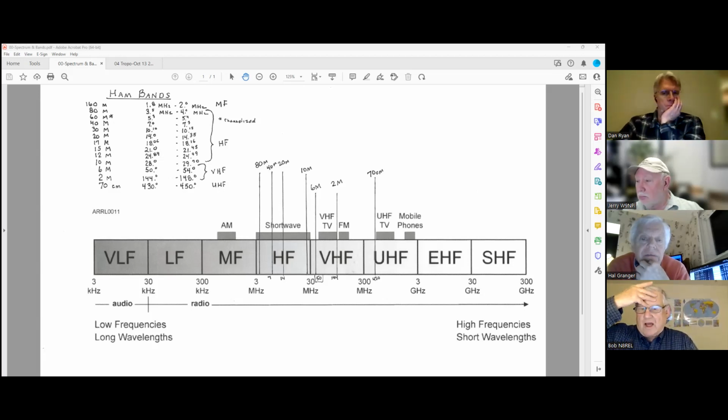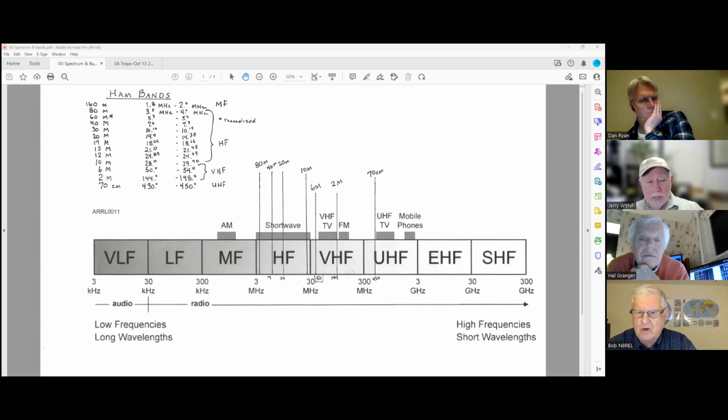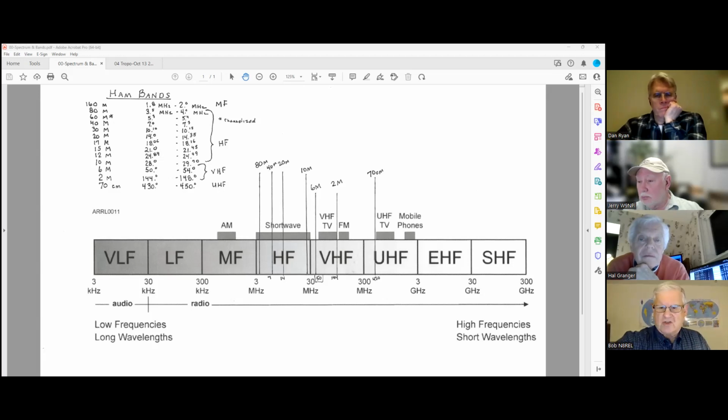On the higher frequency side, the VHF band ends at 300 megahertz, and that's where the ultra high frequency, the UHF band, starts. It goes up to 3,000 megahertz, which is also 3 gigahertz.